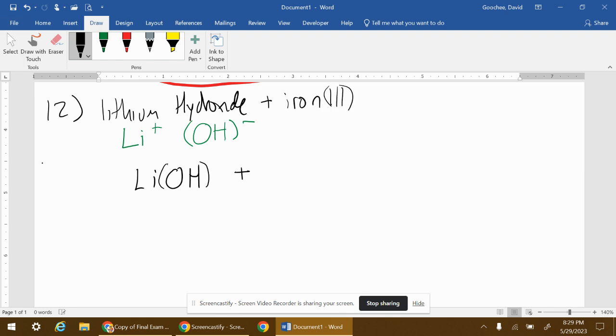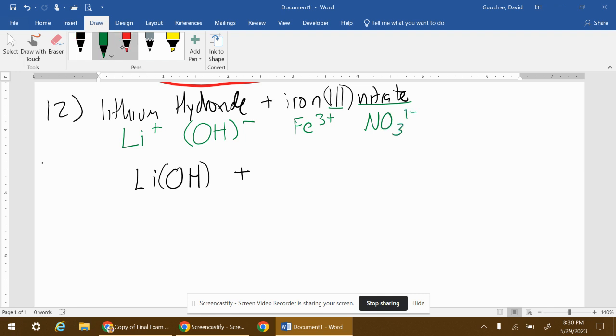All right, and in this problem, lithium hydroxide combines with iron 3 nitrate. Well, iron is Fe, and the 3 here means it's a 3 plus ion. And nitrate is a polyatomic ion you'll find on your ion list. Its formula is NO3 with a 1 minus charge.